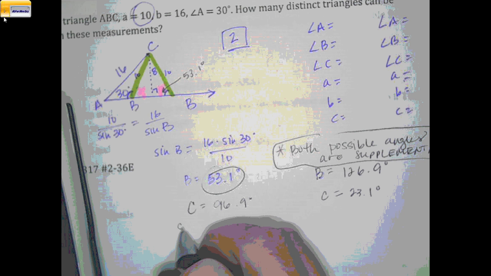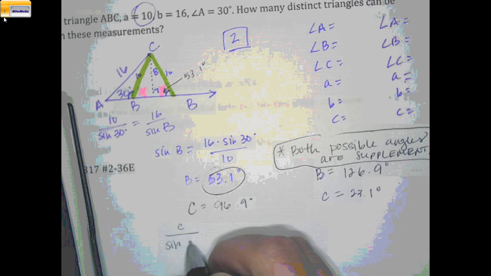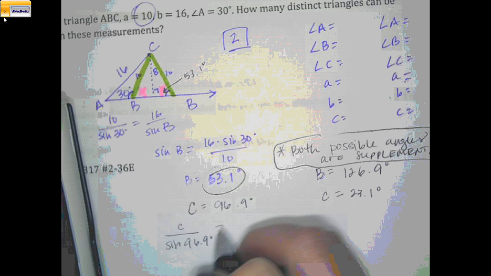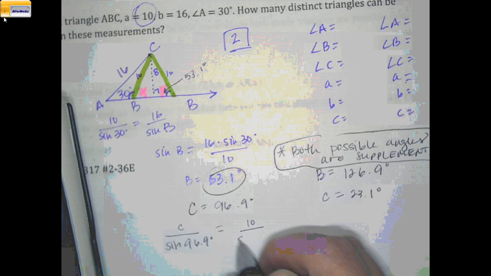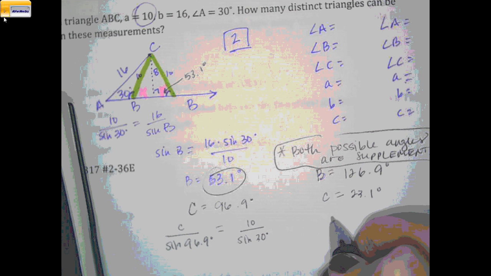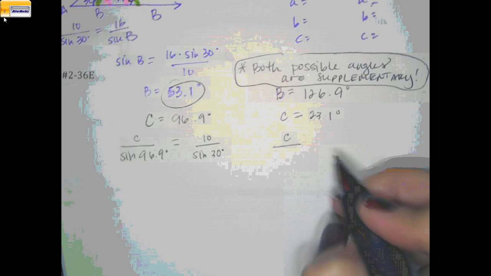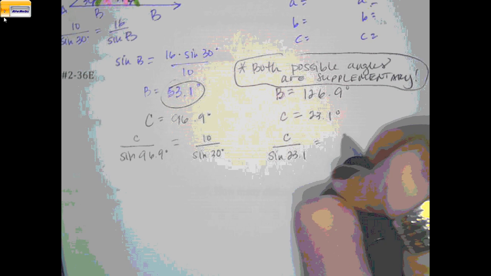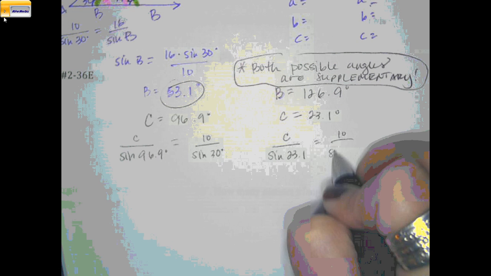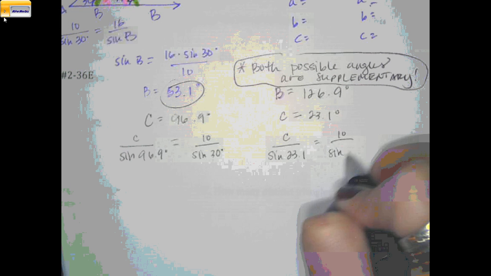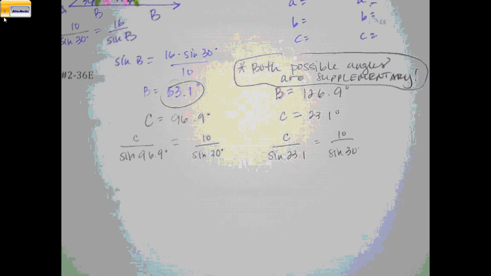So C over sine C equals A over sine A. That's how you find them both.